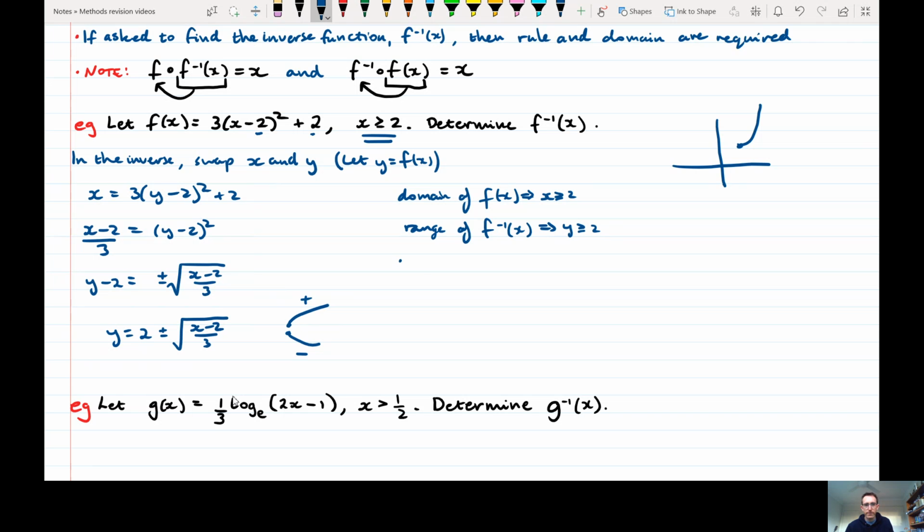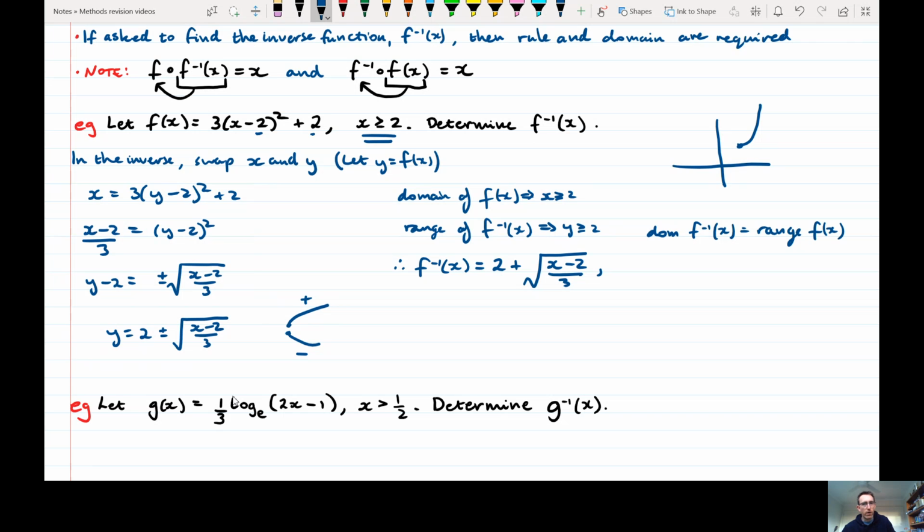So I can say, therefore, f⁻¹(x) equals 2 plus that square root. But that wouldn't be enough. I need the domain because it asked me to determine the function. Now remember, the domain of your inverse is equal to the range of the original.